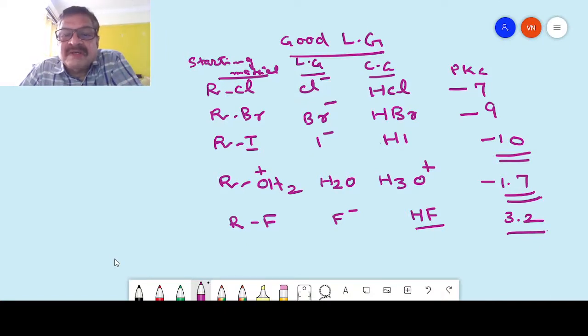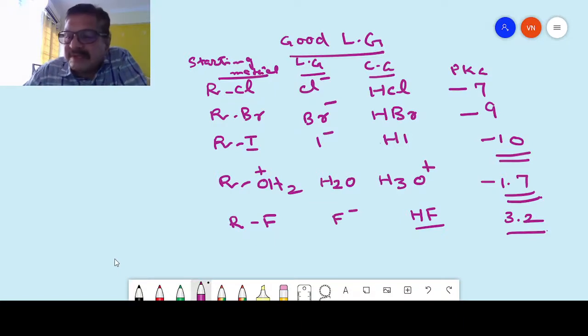So the stronger the leaving group, rather the base, because leaving groups are all weak bases. Weak bases will form strong conjugate acids. Now, if you are given a particular nucleophile and a leaving group, how will you determine whether the equilibrium will favor the formation of the products in the nucleophilic substitution?